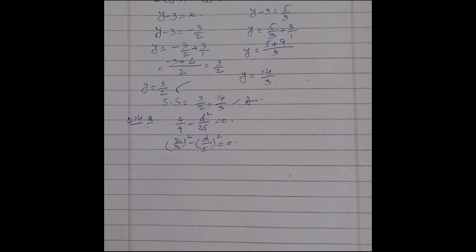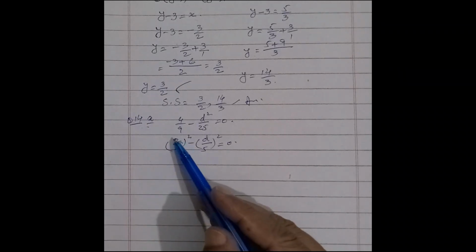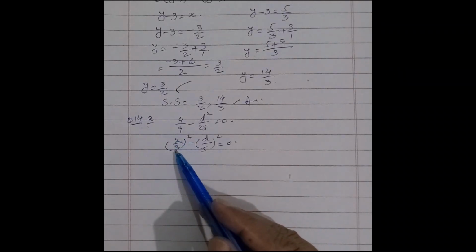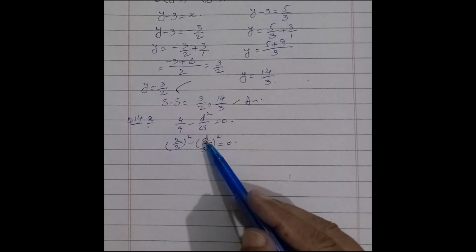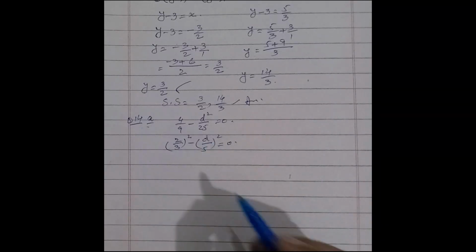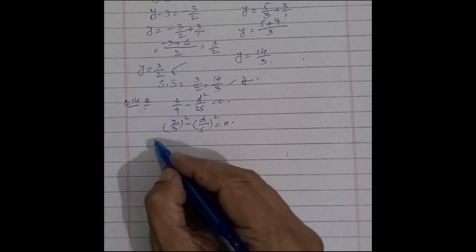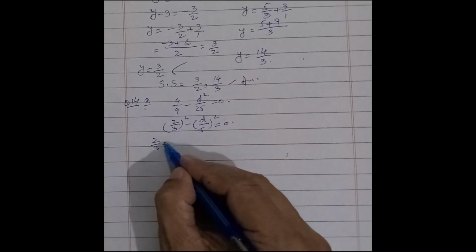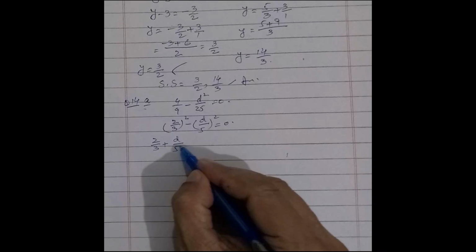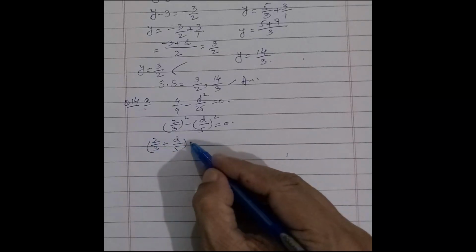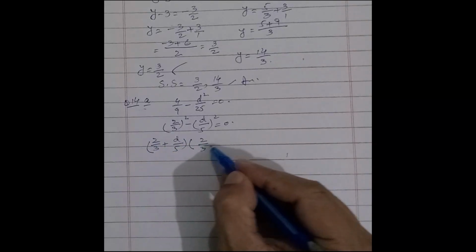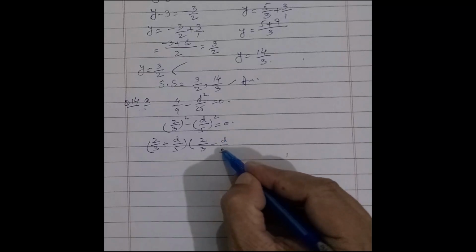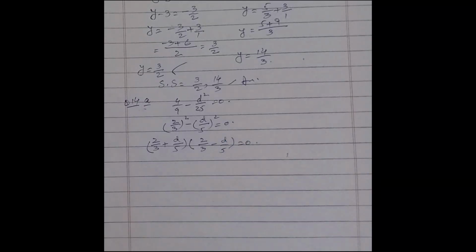And we know that a square minus b square is equal to (a plus b) into (a minus b). In this question, a is 2 over 3, and b is d over 5. So we write (2 over 3 plus d over 5) and the other value (2 over 3 minus d over 5) is equal to 0.